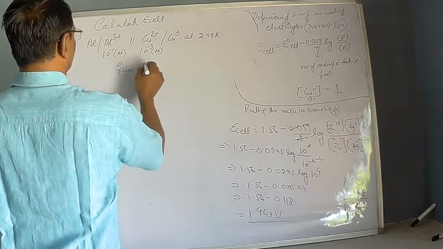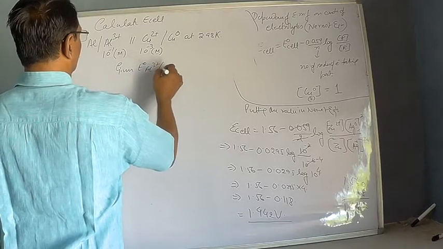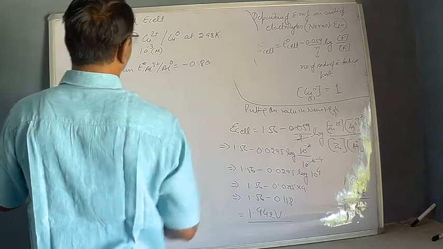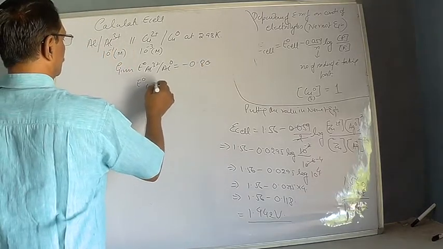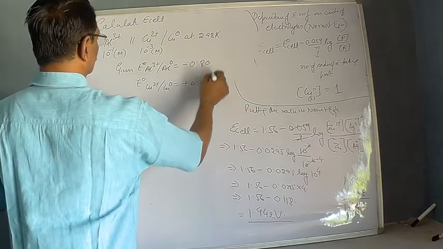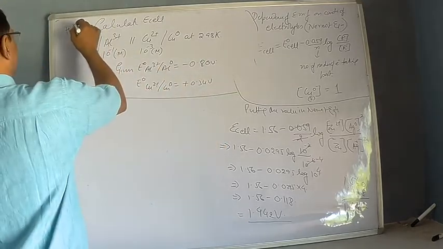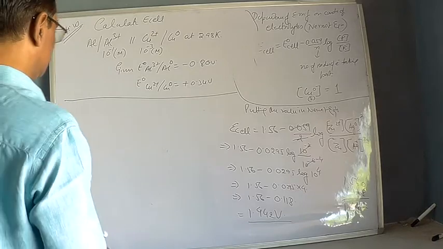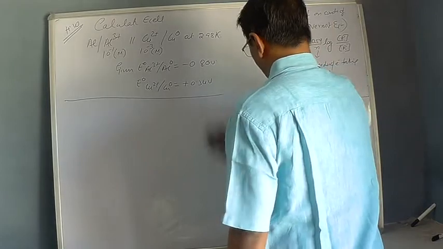Given E0 of aluminum 3 plus to aluminum is minus 0.80 and E0 of copper 2 plus to copper is positive 0.34 volts. Class, do as homework in your assignment. Note it down.